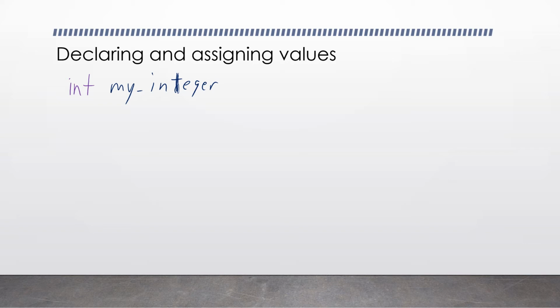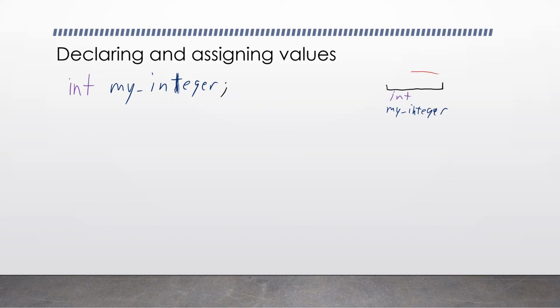So my integer could be just left like this, end the line with a semicolon, because we always end lines in C++ with a semicolon. You have now created a memory box, given it type int, and given it the name my integer, but you haven't assigned any value to it.